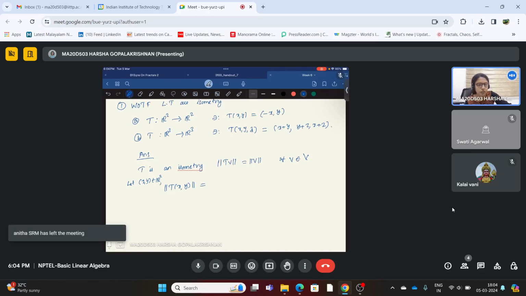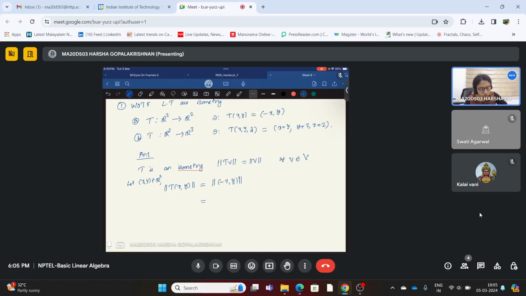It is norm of (minus x, y). Okay. What is norm of (minus x, y)? How do we define the norm in R2? Square root of the inner product, right?